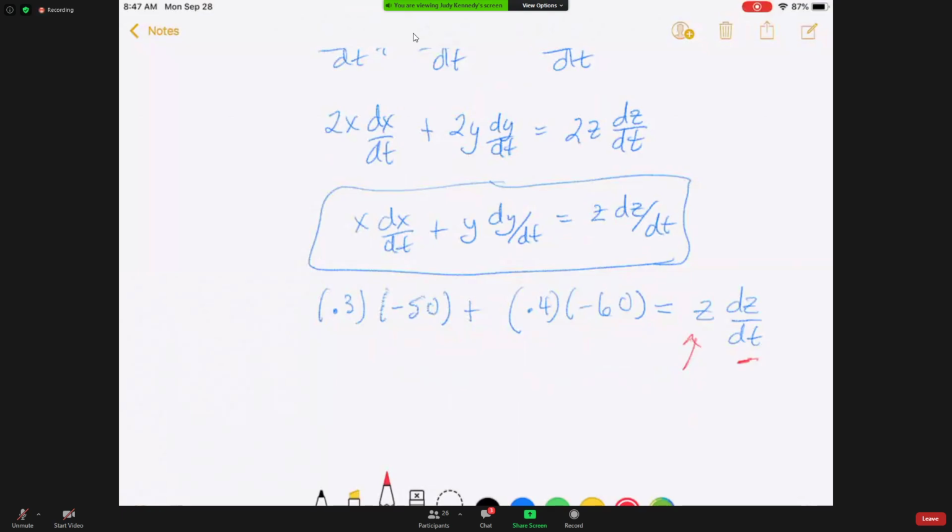Let's see in a minute here. 0.3 times 50 is 15, so minus 15.